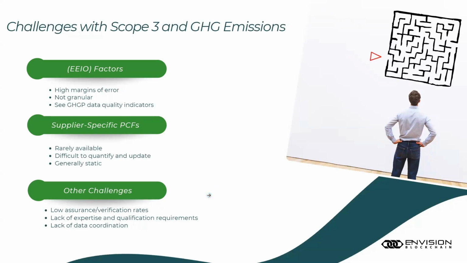And there's generally a lack of data coordination where there's a lot of overlap between these emissions. So someone's Scope 3 and Scope 2 emissions, that's someone else's Scope 1 emissions. Also, lots of overlap in the data behind product emissions and Scope 3 emissions. And companies aren't really sharing that data very well with each other. And if they did, that would improve accuracy a whole lot.